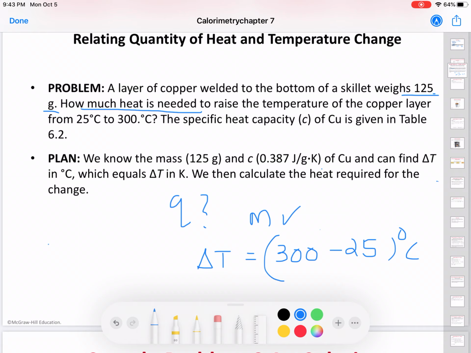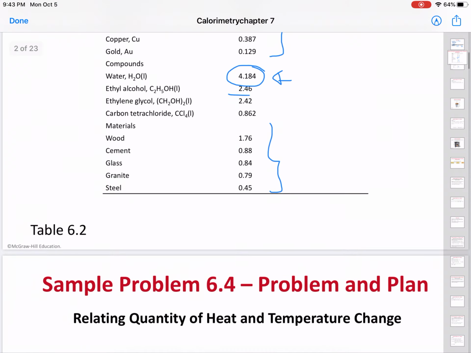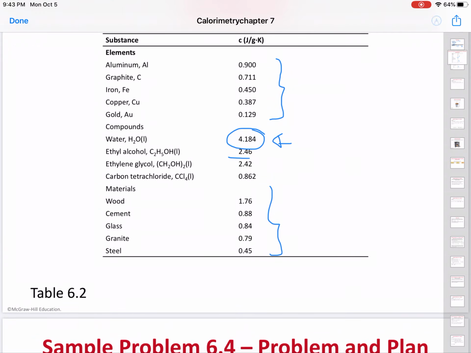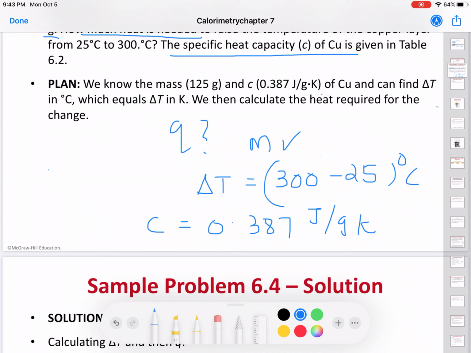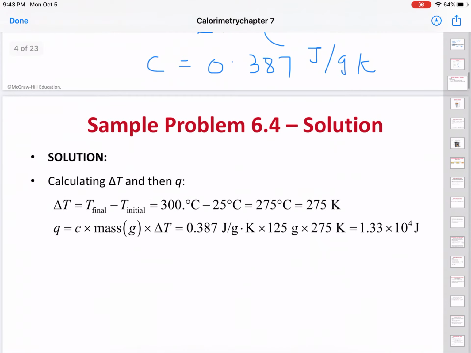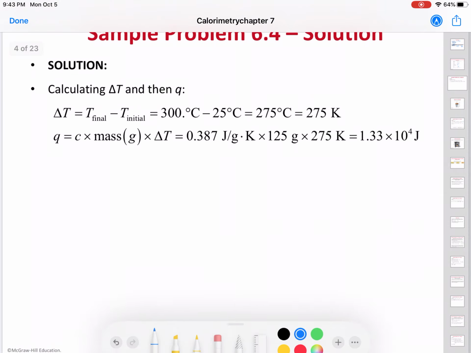We know the delta T. Specific heat capacity of copper we can find from the given table, which is 0.387, joules per gram per Kelvin. Now we can find out Q because we know m, we know c, we also know delta T. Okay, so this is how you're going to be doing it.